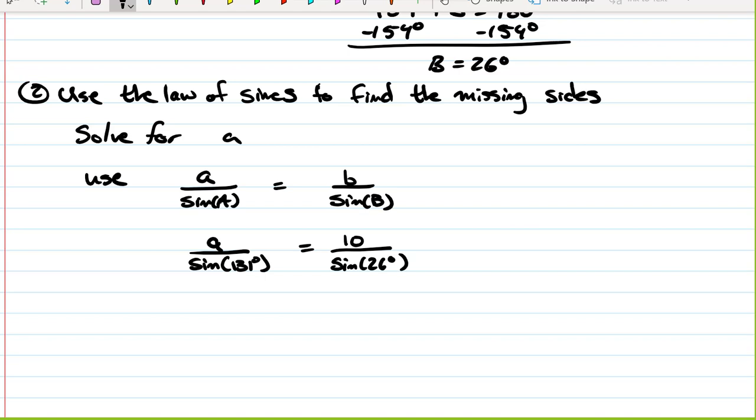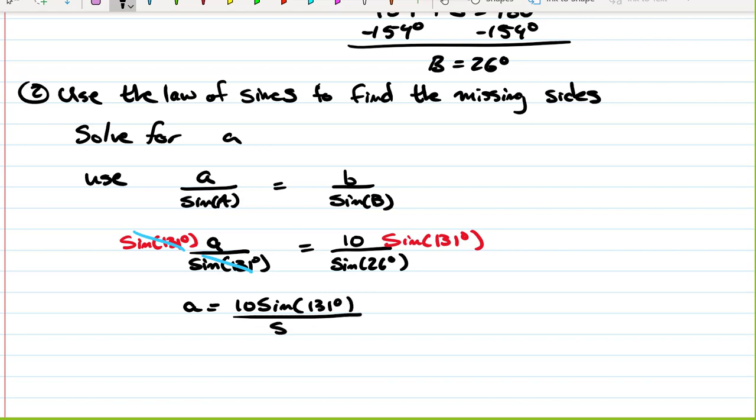Then we want to solve that equation for A, so we multiply both sides of this equation by the sine of 131 degrees. Those reduce out, and we get A equals 10 times the sine of 131 degrees all over the sine of 26 degrees.